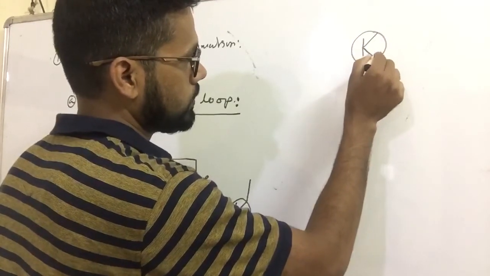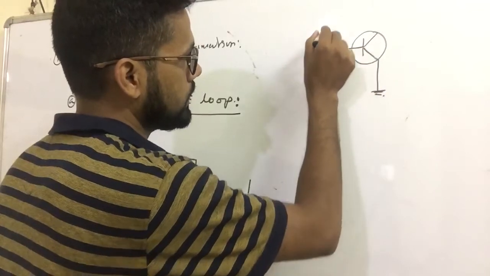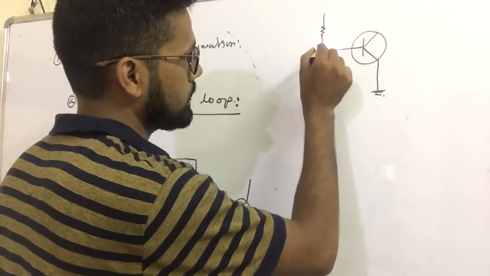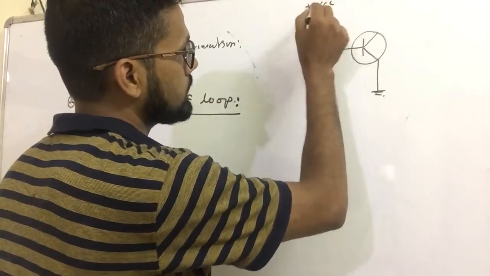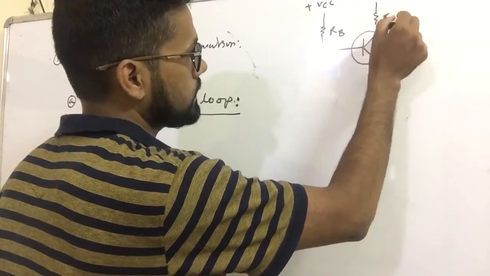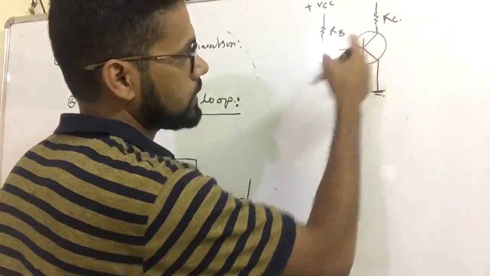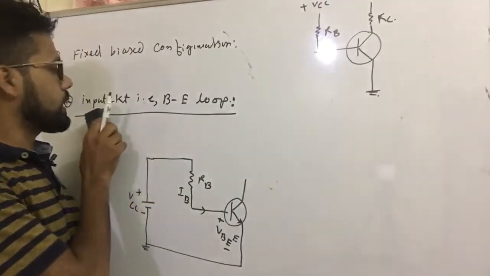This is emitter down, this is base terminal, this is RB, VCC plus is the power supply. This is RC. This is the original circuit.